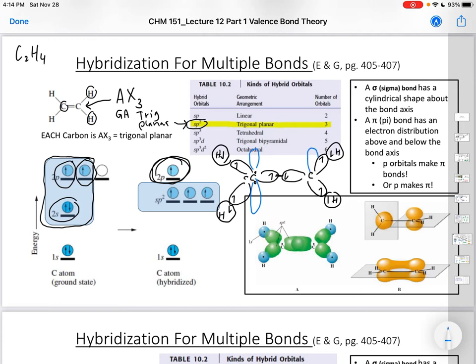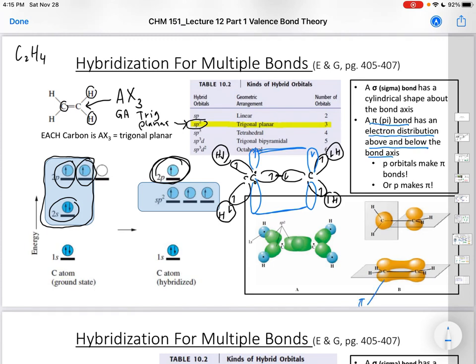Okay, and there's 1 electron here. There's 1 electron here. This makes another bond right here. Okay, and this bond is called a pi bond because it has an electron distribution above and below the bond axis.